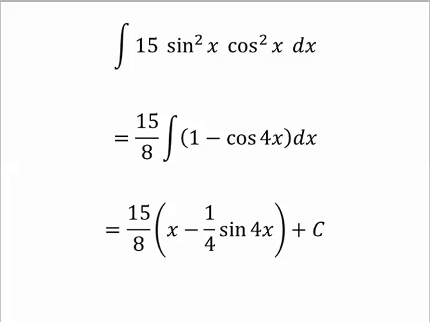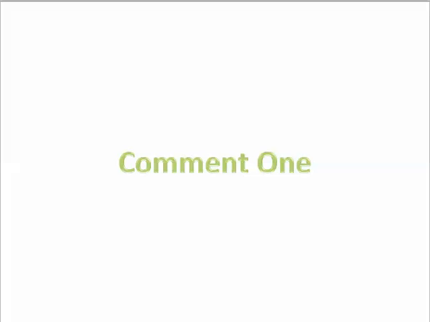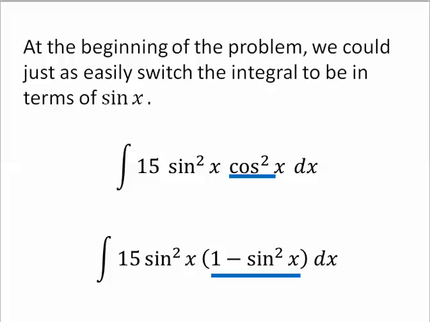But before I go, I have a comment. At the beginning of the problem, we could have just as easily switched the integral to be in terms of sine x. So instead of going sine squared equals 1 minus cosine squared, I could go cosine squared equals 1 minus sine squared.